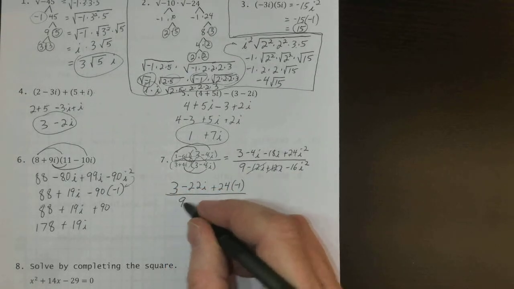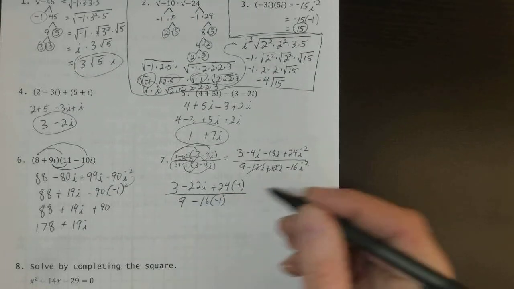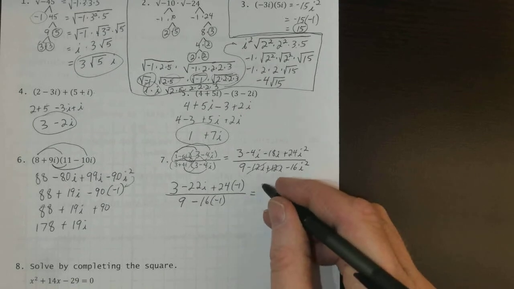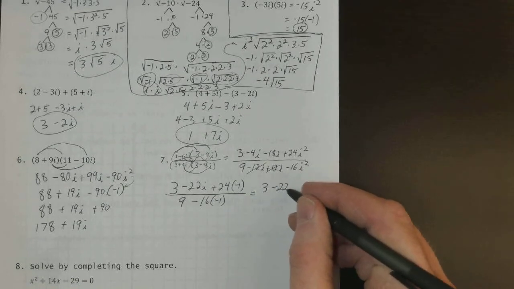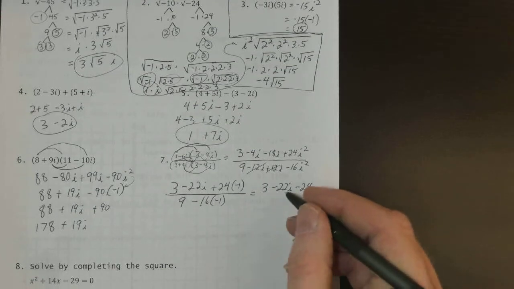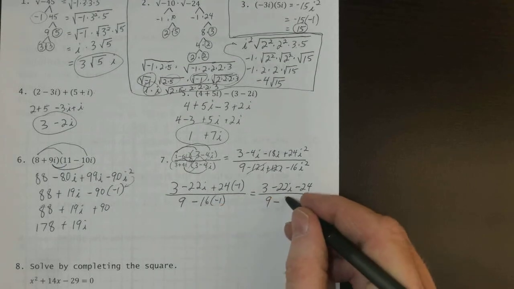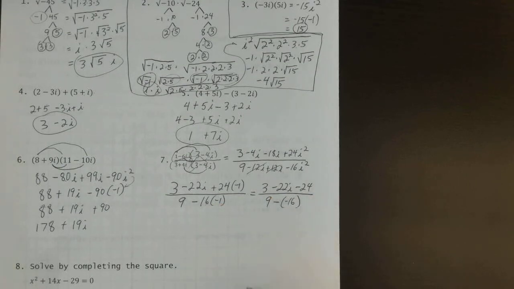And then I'll do down here 9 and then minus 16 times negative 1. And that's 3 minus 22i, and 24 times negative 1 is negative 24. And then that's 9 minus negative 16.